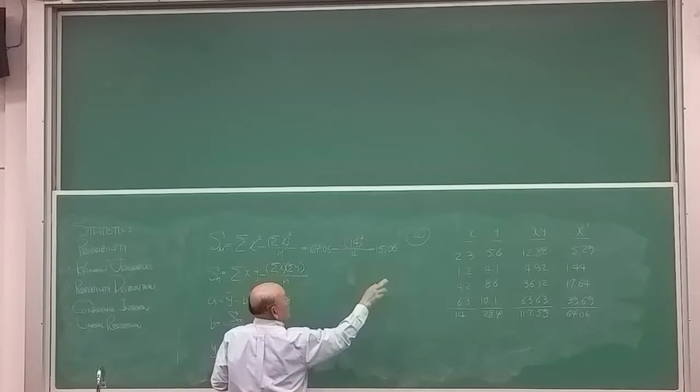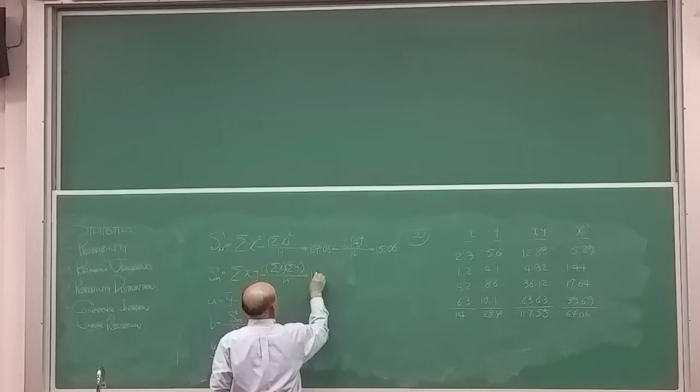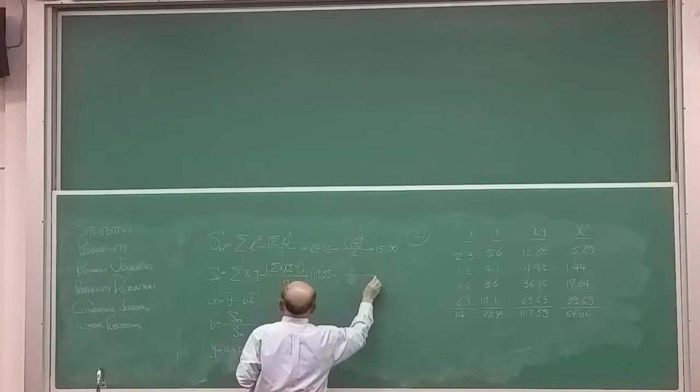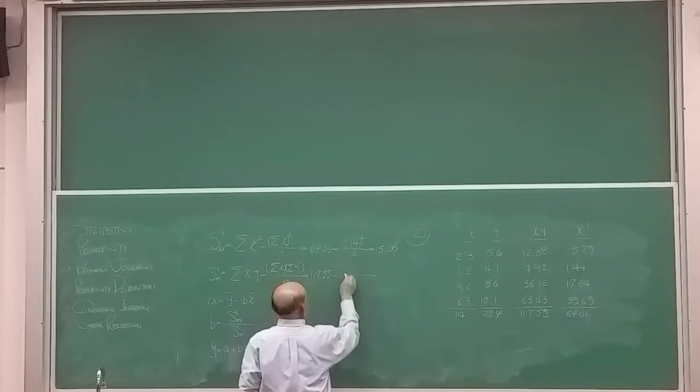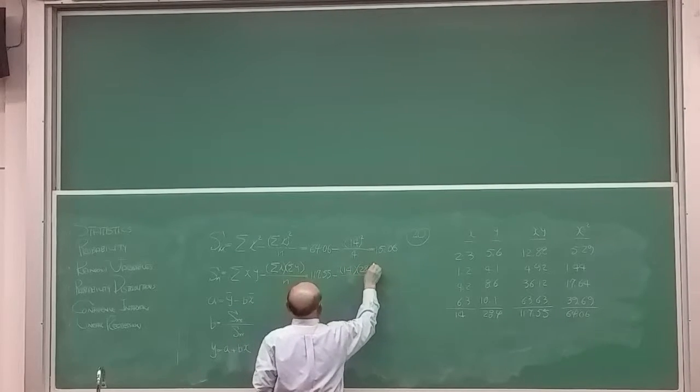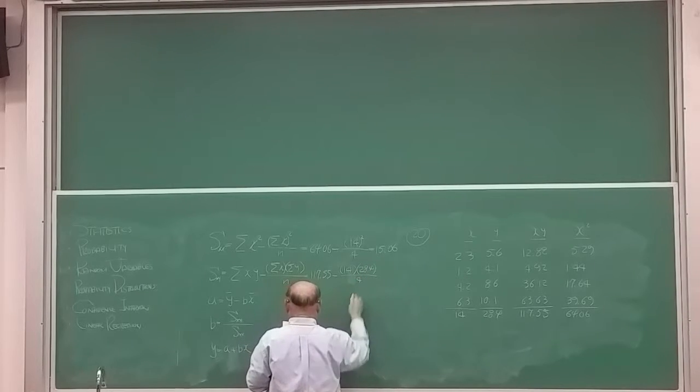Next one is the summation of xy, which is 117.55 minus summation of x, which was 14, summation of y, which was 28.4, divided by 4.